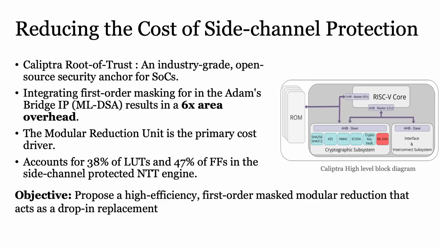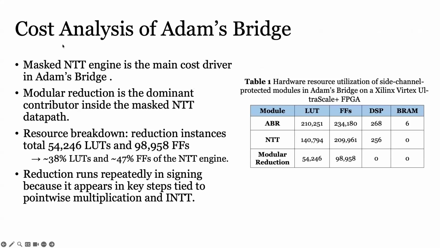So we identified the reason for this overhead, which was coming from reduction circuits, which have more Boolean operations that need additional converters. So we show how to analyze and how to find this. As you see, Adams Bridge itself, ABR, is using about 200K LUT.